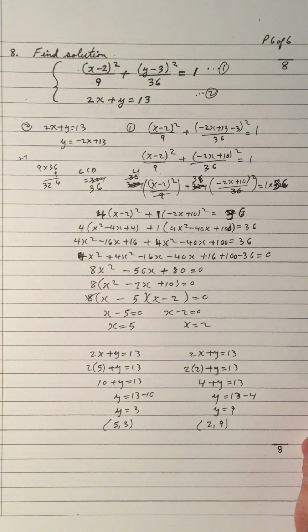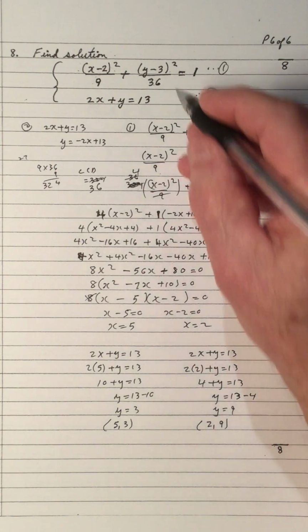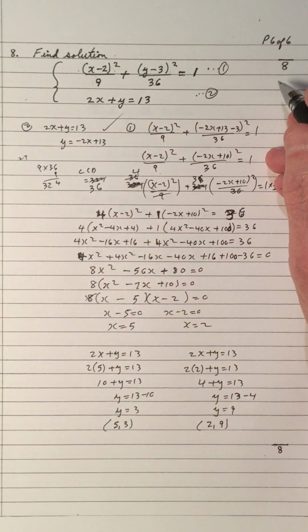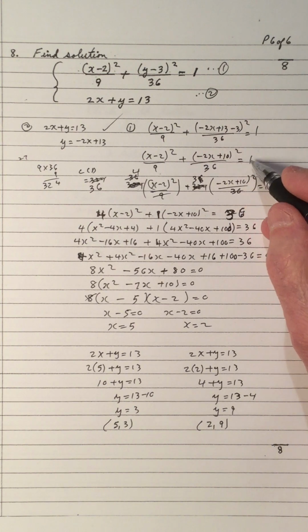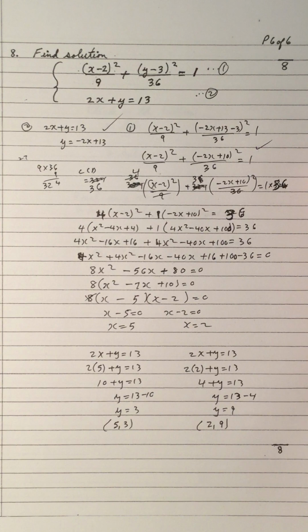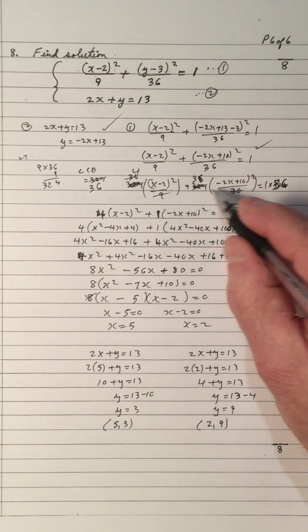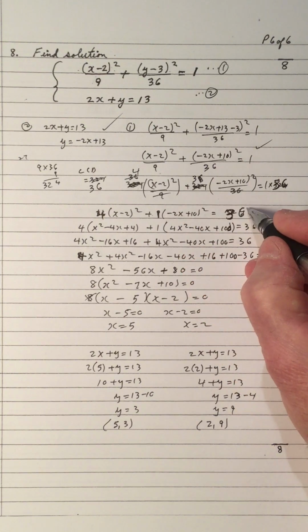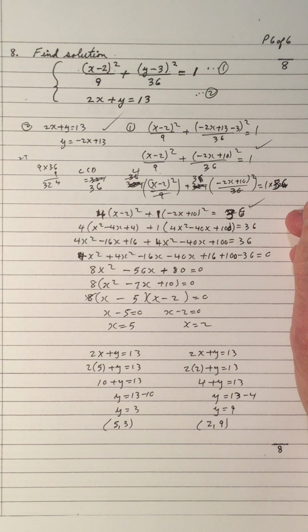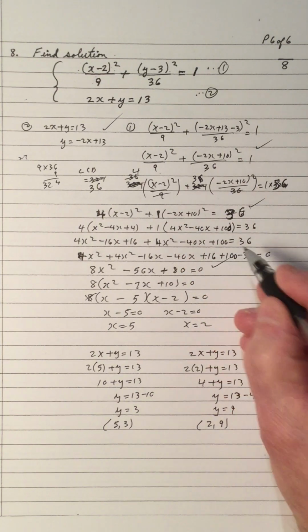And there's 8 marks for that question. So if you want to get 8 marks, 1 there, and if you solved it out to get this equation right here, you get a mark. And if you work that equation right down to here, where you multiply by 36 to eliminate the fractions, you get a mark. And if you solved it down to here, you get a mark.